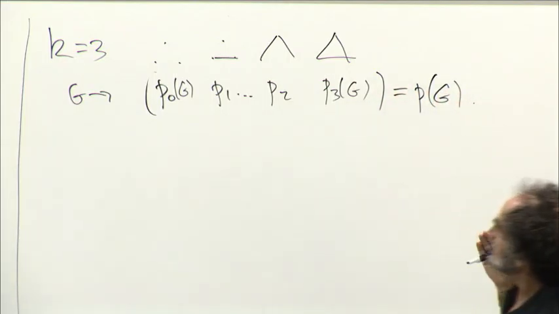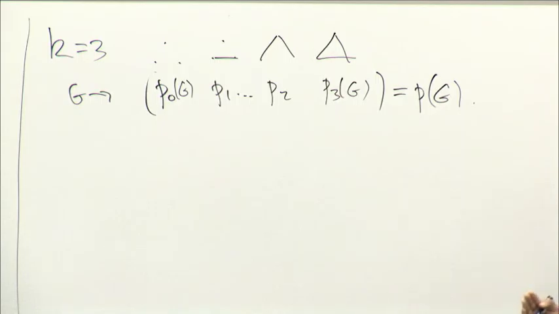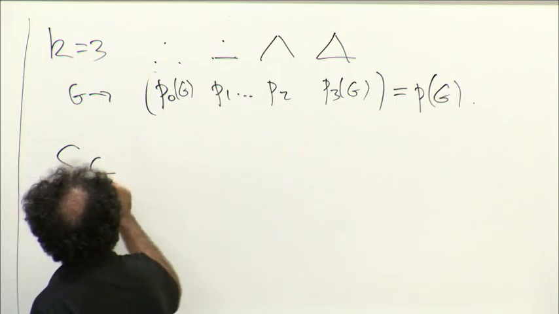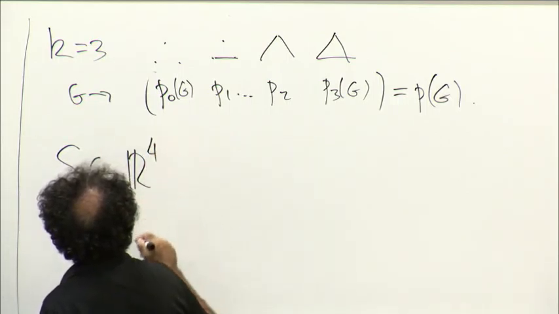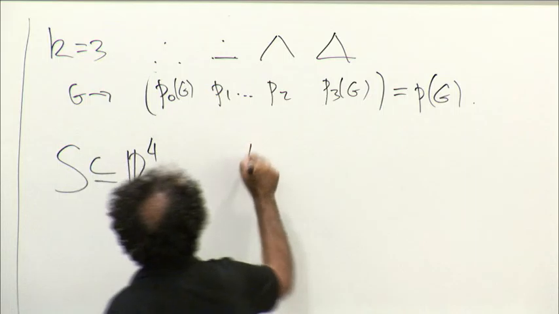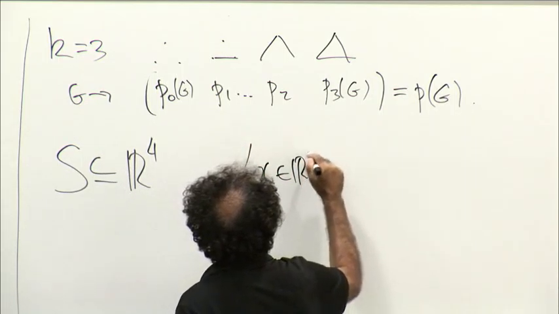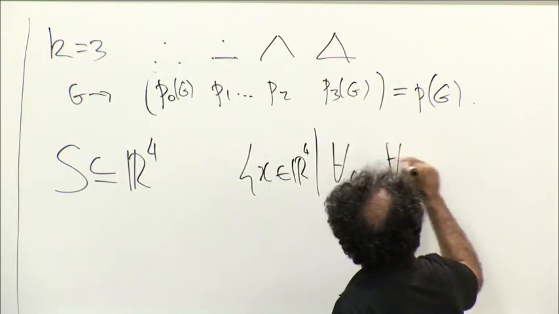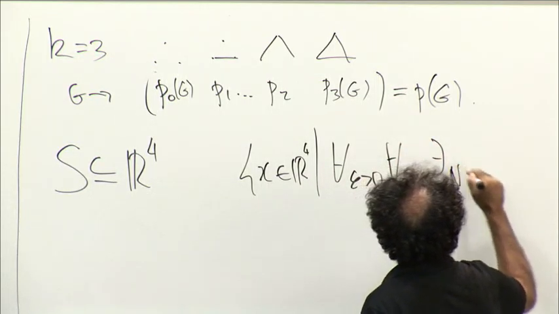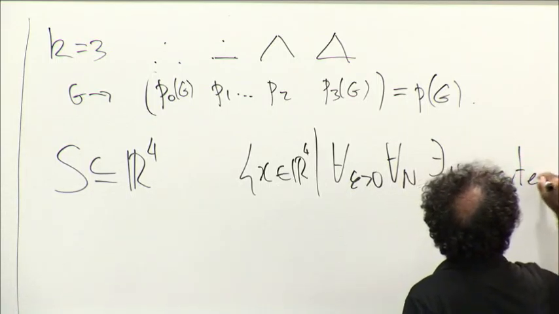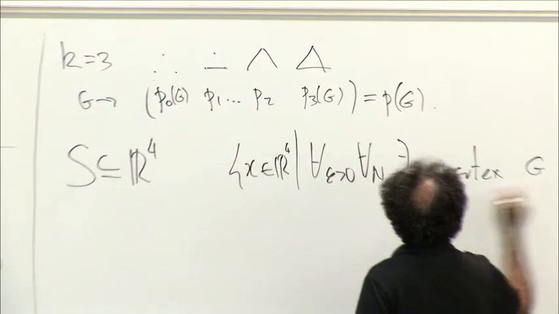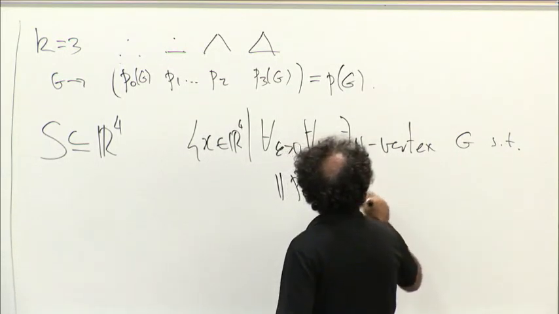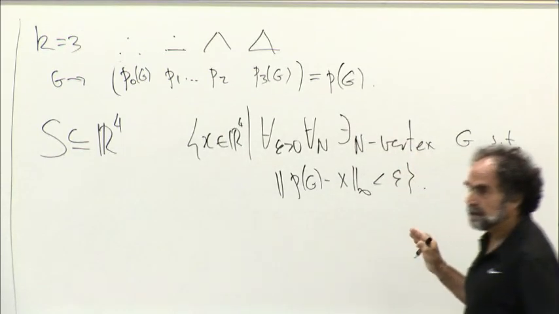And I'm not interested in what happens with small graphs. I'm only interested in the asymptotic. So in particular, I'd like to understand this 4-dimensional set, which consists of all the x's in R4, such that for every positive epsilon and every large n, there exists an n-vertex G such that the distance between P of G and x is less than epsilon.